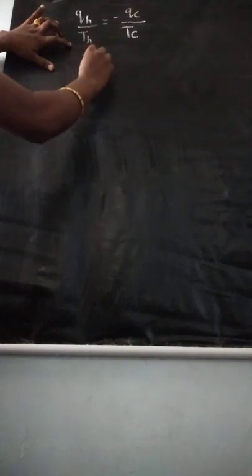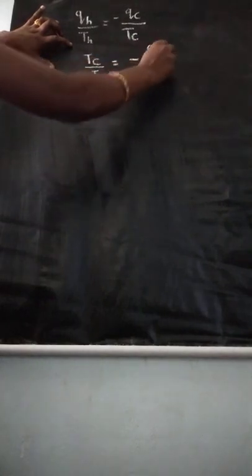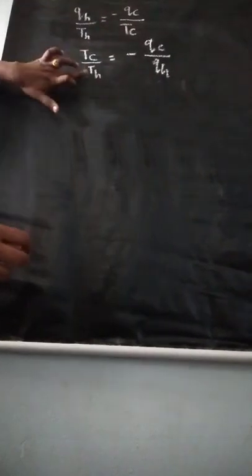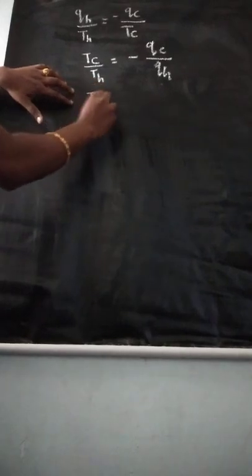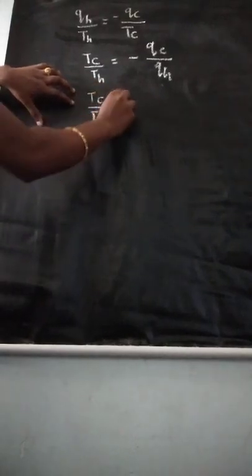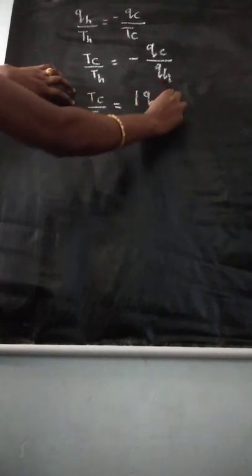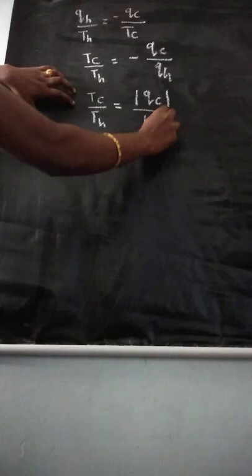You will get TC divided by TH is equal to minus QC divided by QH. Now take the modulus: TC divided by TH is equal to positive QC divided by QH.